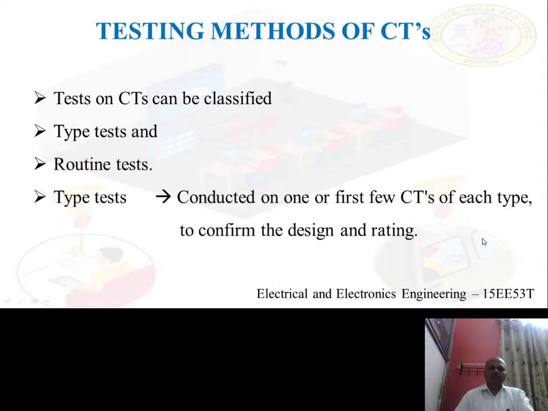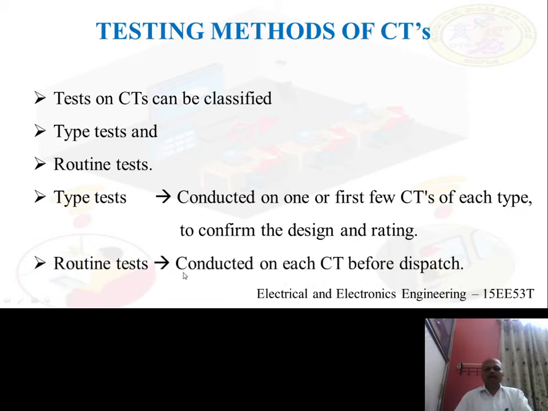Type tests are conducted to ascertain design and rating of CT by selecting one or first few CTs of each type. Routine tests are conducted before dispatching on each CT.